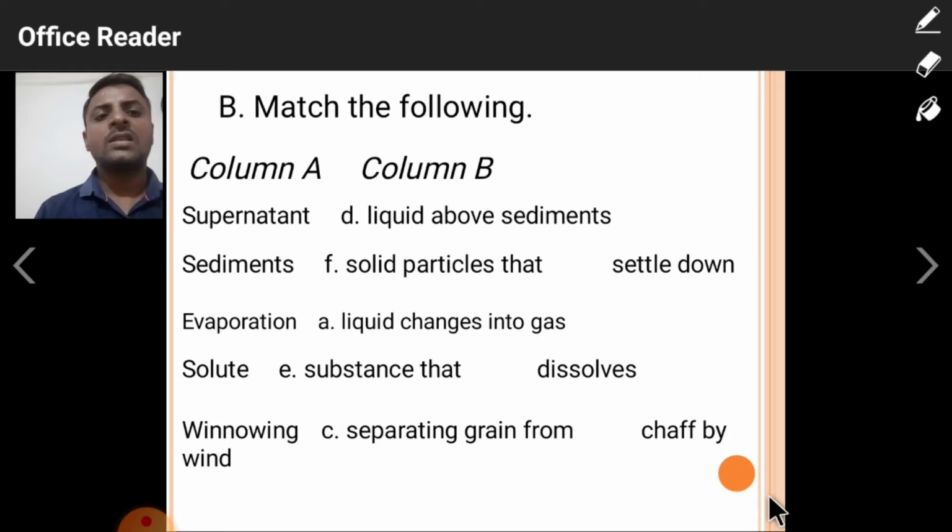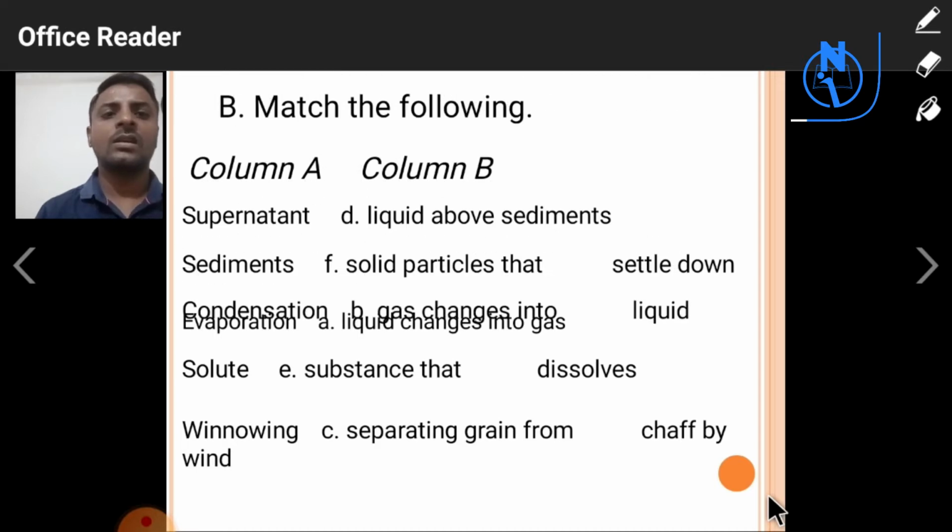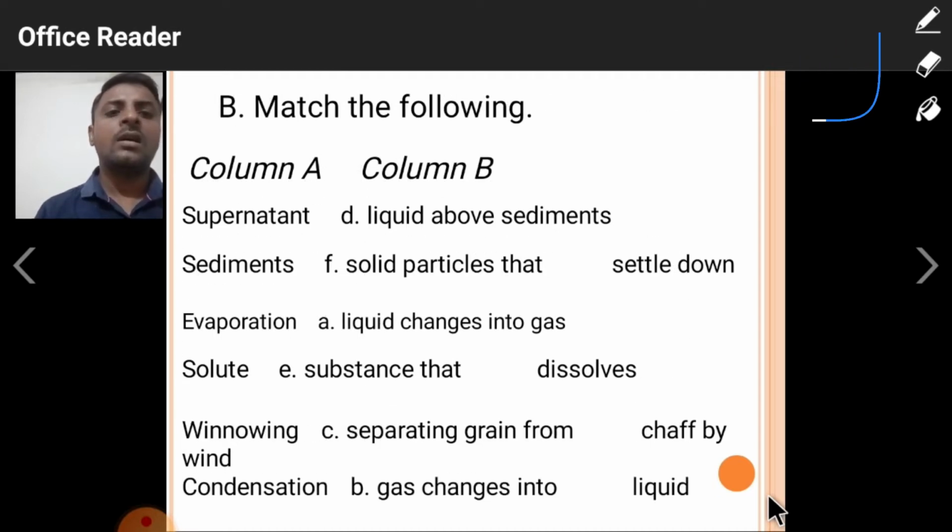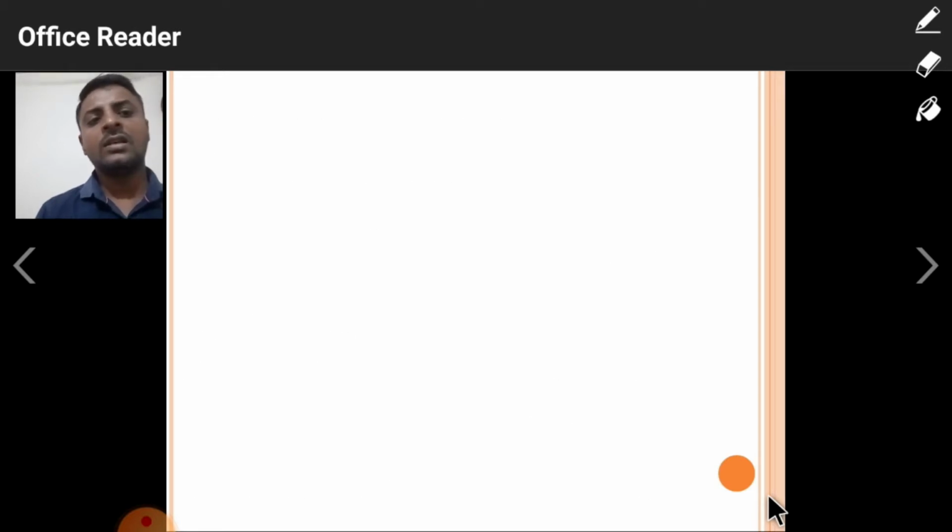Winnowing, separating grains from chaff by wind or blowing air. Condensation, gas changes into liquid. So these are the match the following. Let's go ahead, that is choose the correct options.